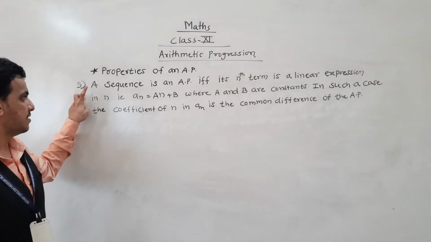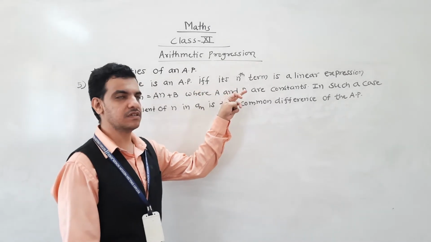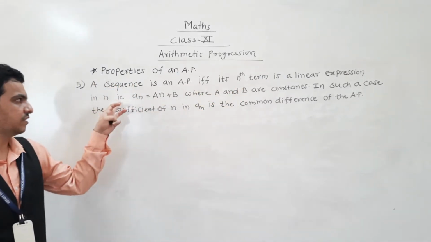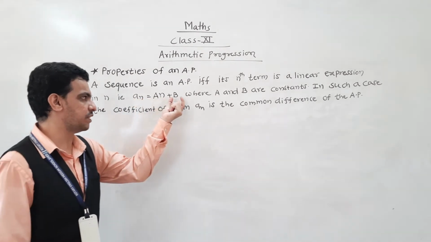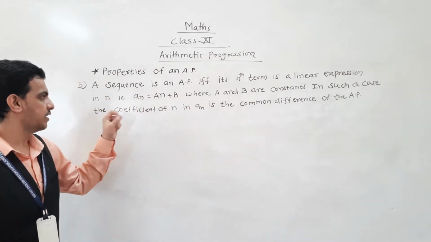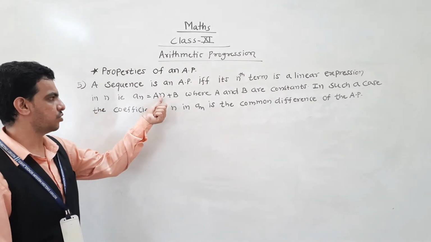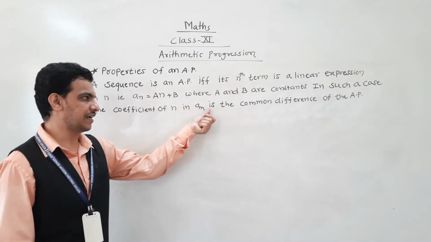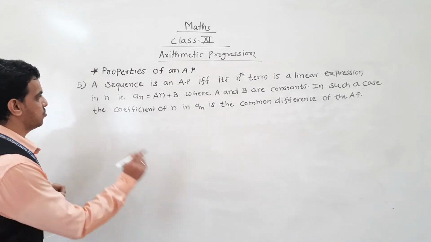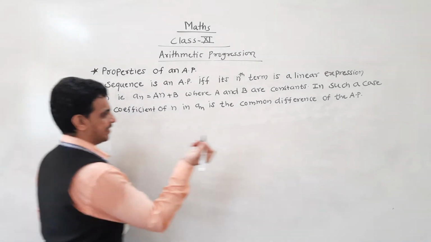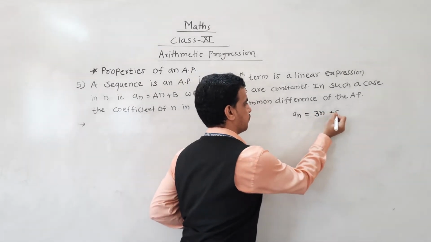Okay, now we will see the next property. The fifth property is: a sequence is an AP if and only if its nth term is a linear expression in n, that is, the nth term is given as an plus b, where a and b are constants. In such a case, the coefficient of n, here a, is the common difference of the AP. Suppose I take an example: the nth term is given as 3n plus 5.